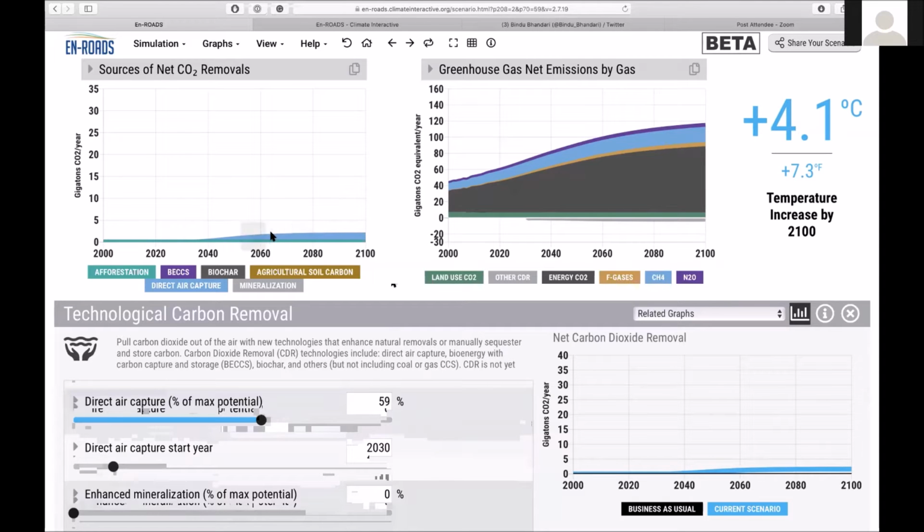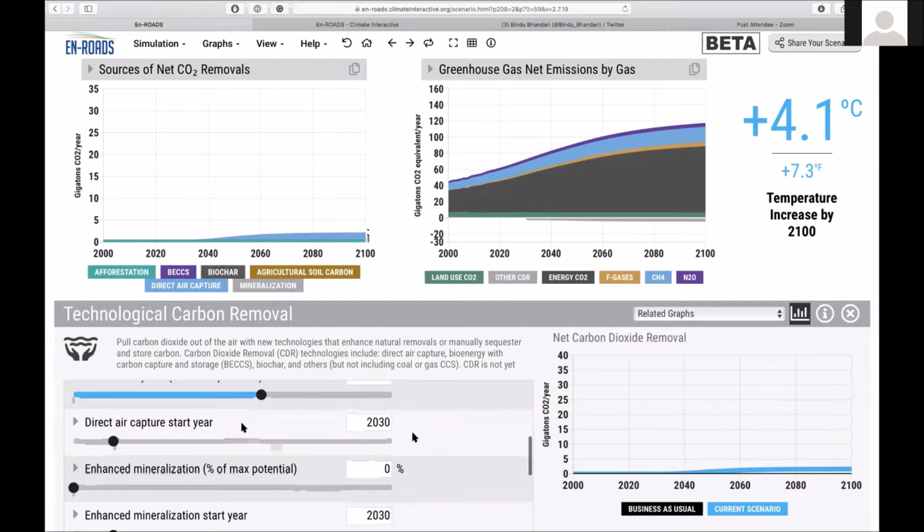You can see this direct air capture area over here has increased and risen over the period of time, but the direct air capture start year is set at 2030 by default, but I can make it as immediate as possible. For example, let's imagine it starts next year. It's 2021. So what happens?